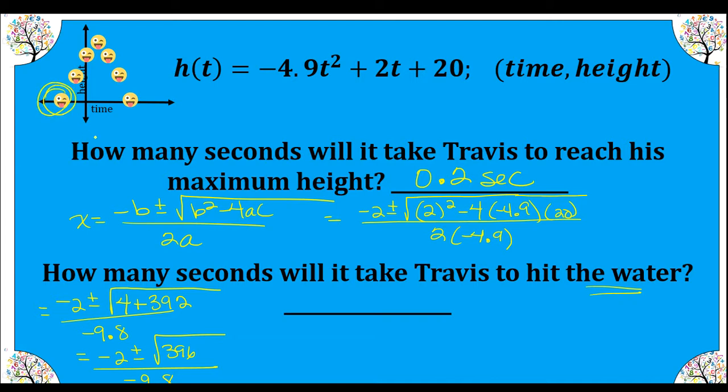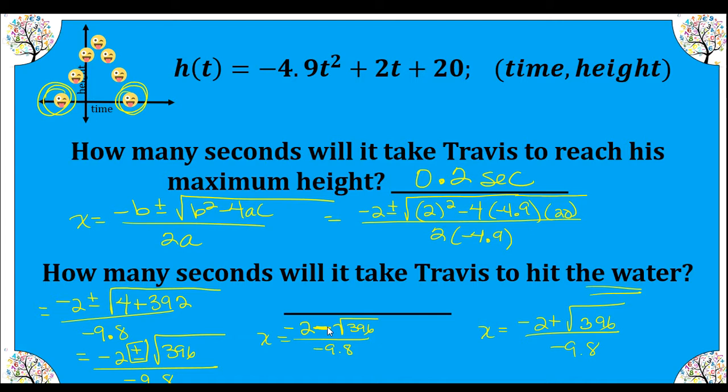Now, remember, I have two roots. I'm going to have a negative one and a positive one. And so we're going to break up the quadratic into two equations. I always do my subtraction one first because that's the one that's going to give me my positive root.